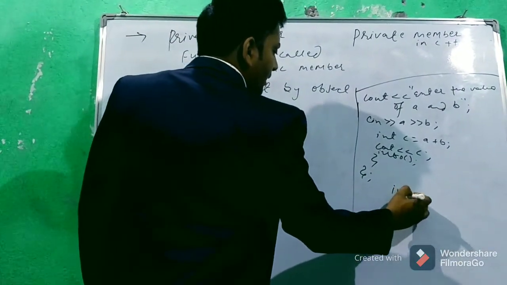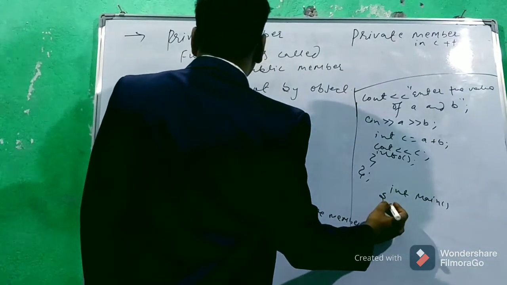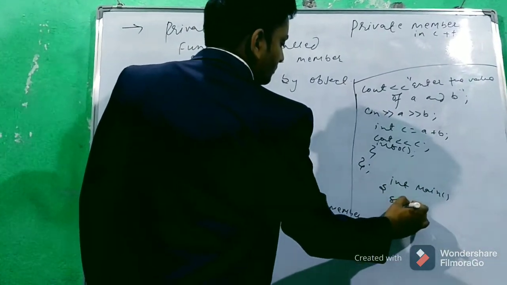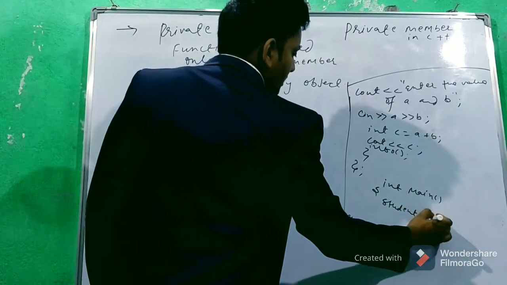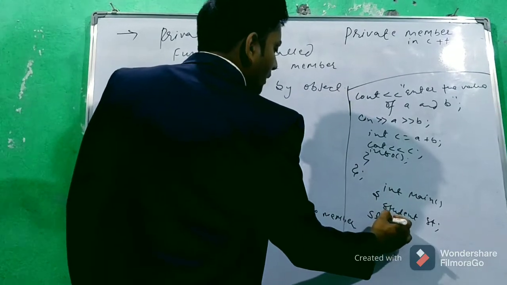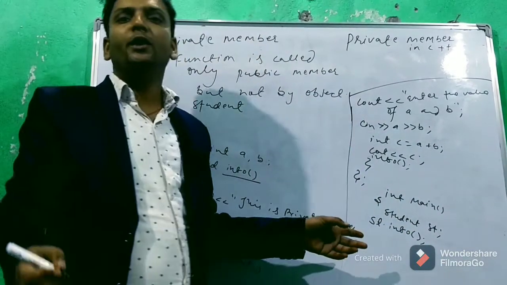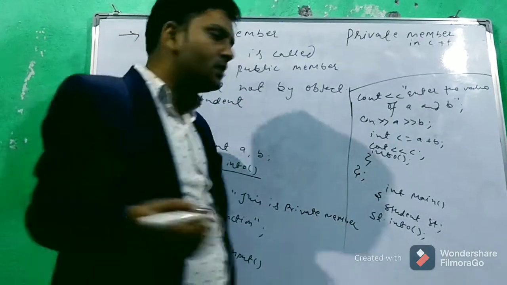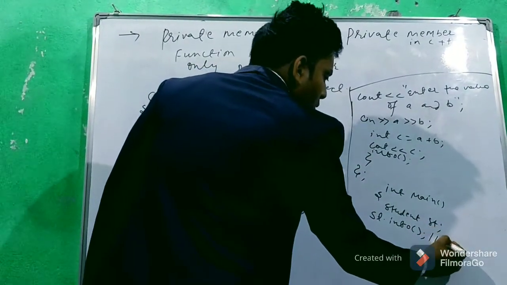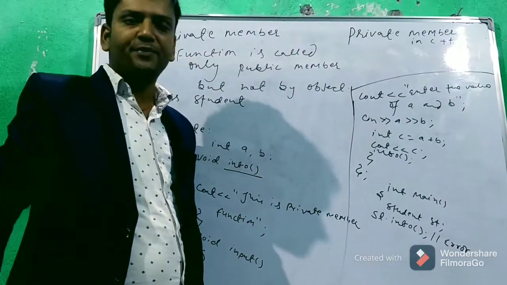Here I am writing the main function and creating an object of the class Student, st. If you write st dot info, it is going to throw an error, because this is not accessible by the object.